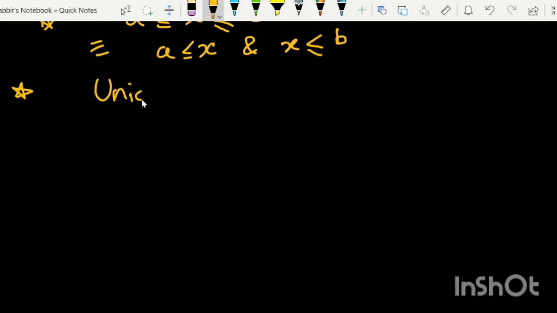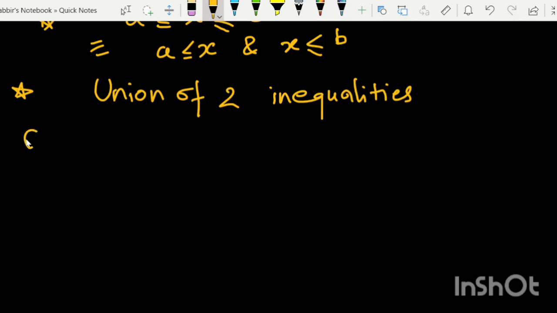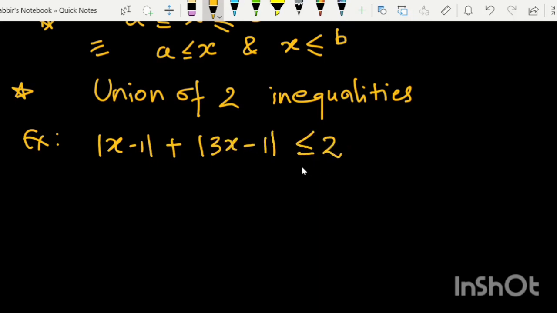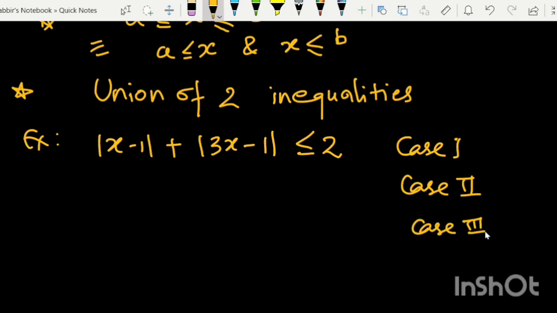So union of two inequalities, where it is used and why we are doing this: because in some questions, like for example |x minus 1| + |3x minus 1| less than equal to 2, certain questions we need to solve by taking cases, like case 1 we have to take, case 2 we have to take, case 3 we have to take, and so on.